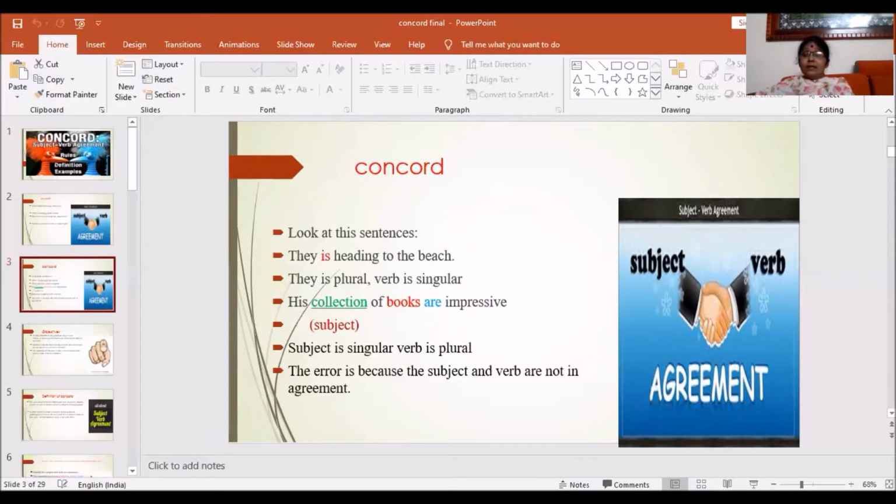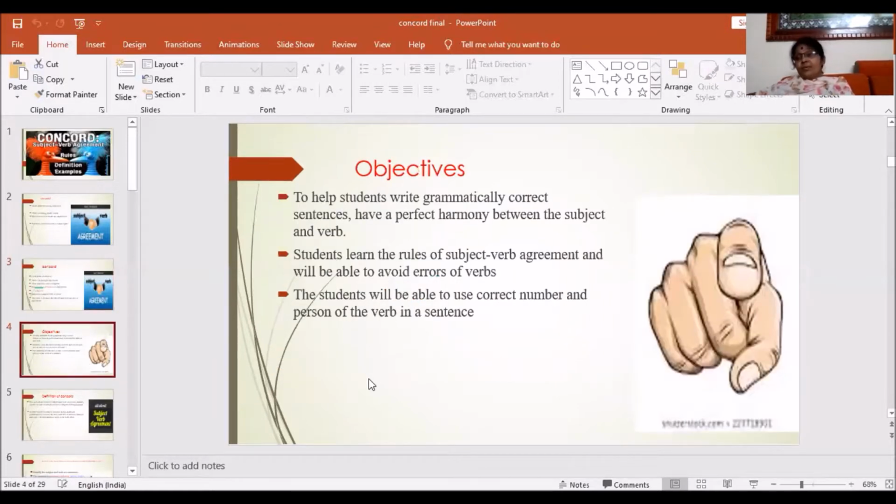So we tend to make a lot of errors while speaking, and most students find it difficult because they do not know how to make an agreement between the subject and verb. So today I'll be taking you through the subject-verb agreement session. Now you must be wondering, why should I learn? You should learn this because it will help you to write grammatically correct sentences and have a perfect harmony between the subject and the verb.